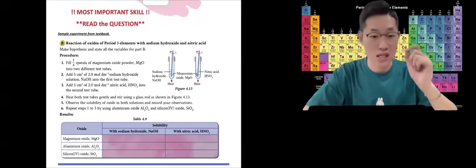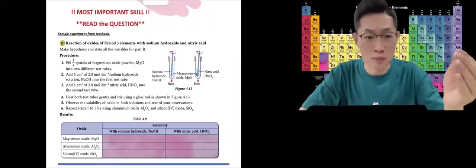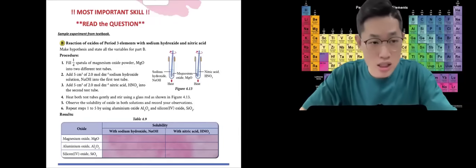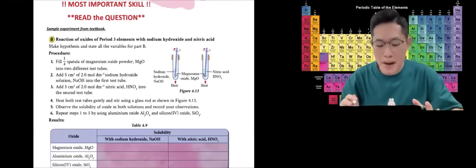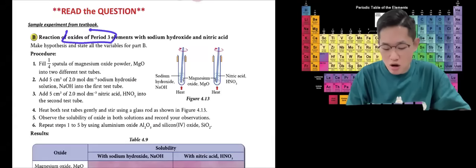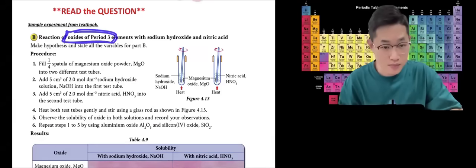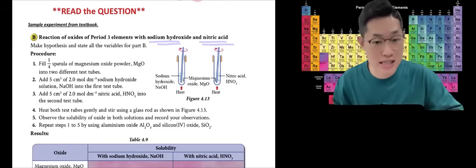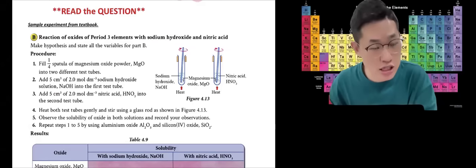One of the very important things you have to do tomorrow is when you get your paper, remember to double check whether the question is about the chemical properties of oxide of your period 3 with sodium hydroxide and acid. Of course, they can change it to potassium hydroxide.